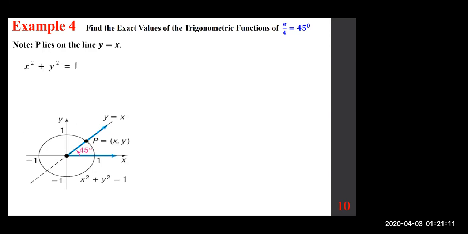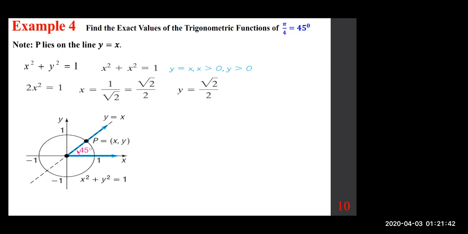So let's replace the y with x as well. Now it's a simple case of solving for x. We have 2x squared equals 1. X squared equals 1/2. X is plus or minus 1 over square root of 2. And we keep the positive one only because P is located in the first quadrant.